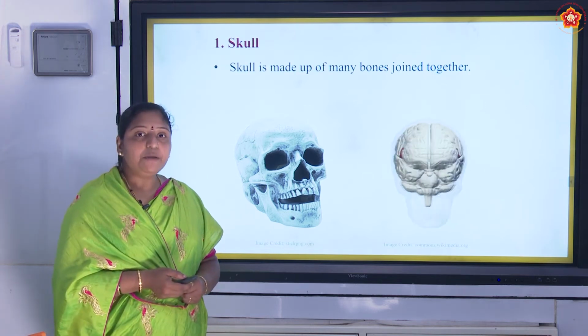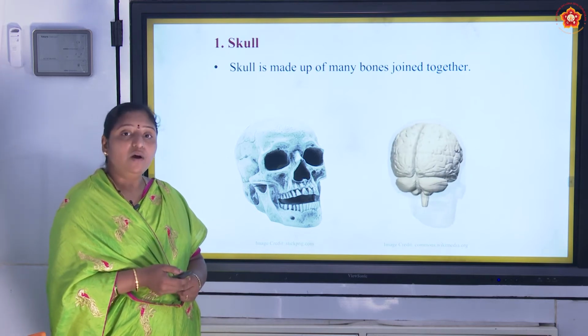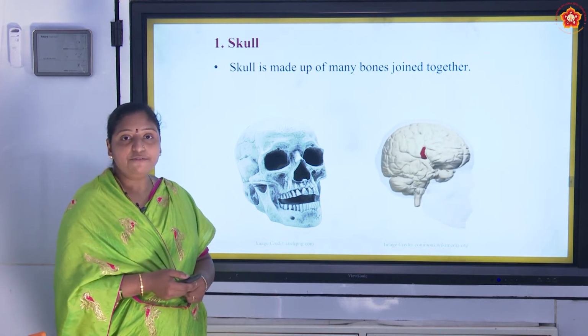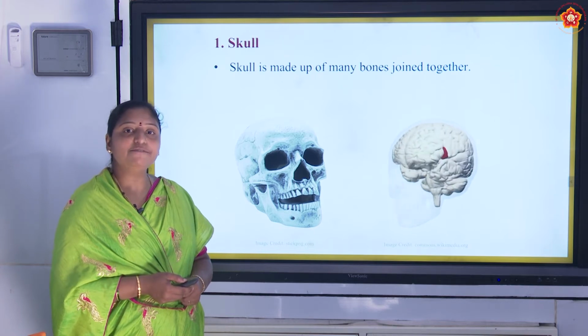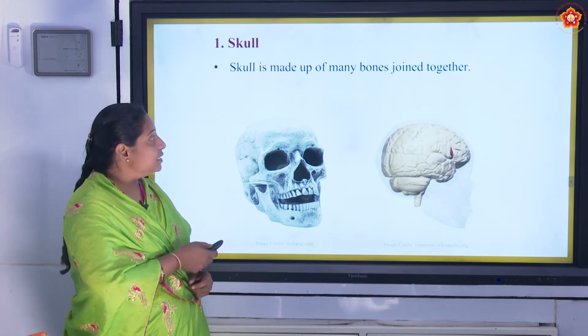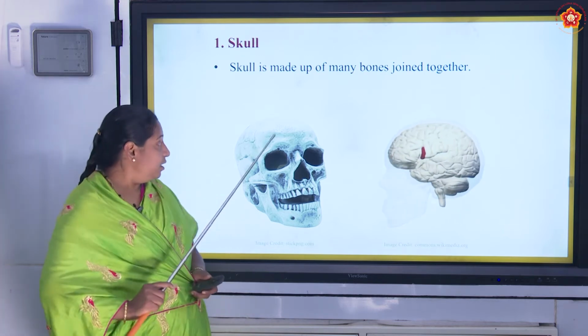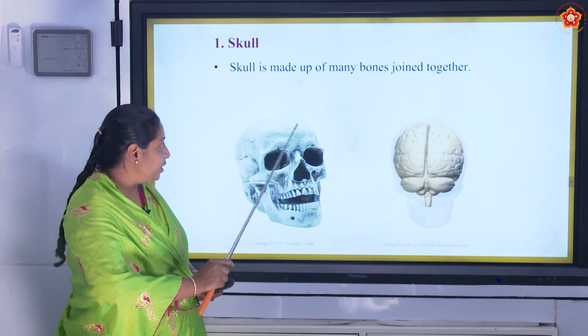The skull is made up of many bones joined together. Already we have studied the fixed joint. We will see the fixed joint in the head region. Observe here, the skull is made up of many bones joined together.